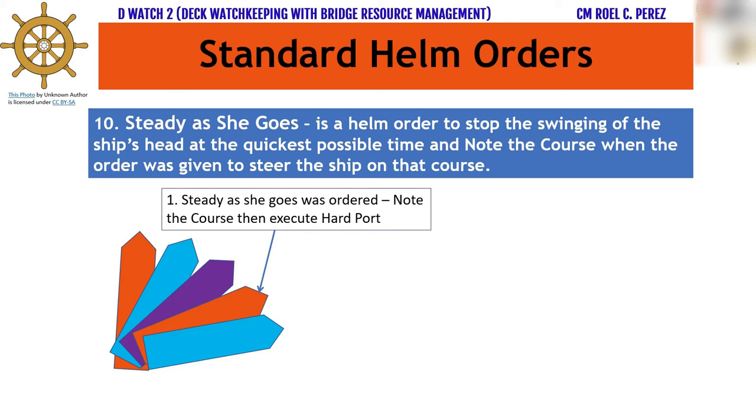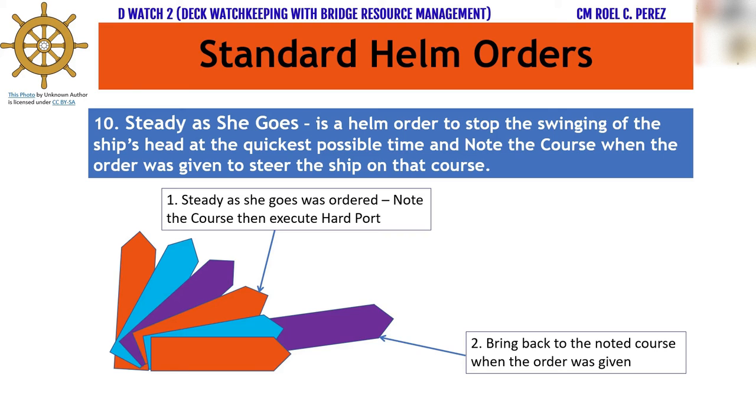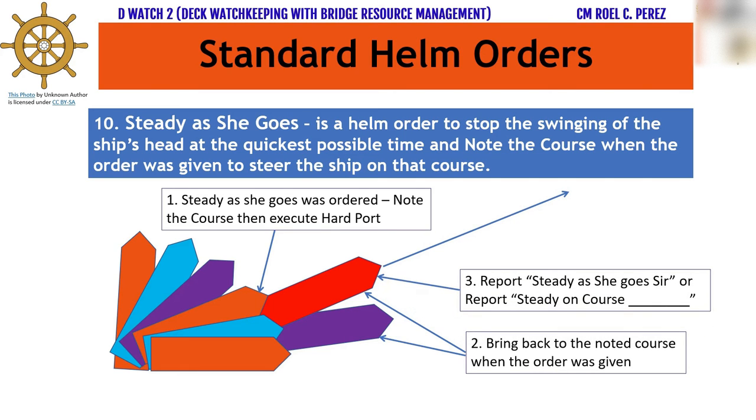Note the course, then execute hard port. 2. Bring back to the noted course when the order was given. 3. Report steady as she goes, sir, or report steady on course, so and so.